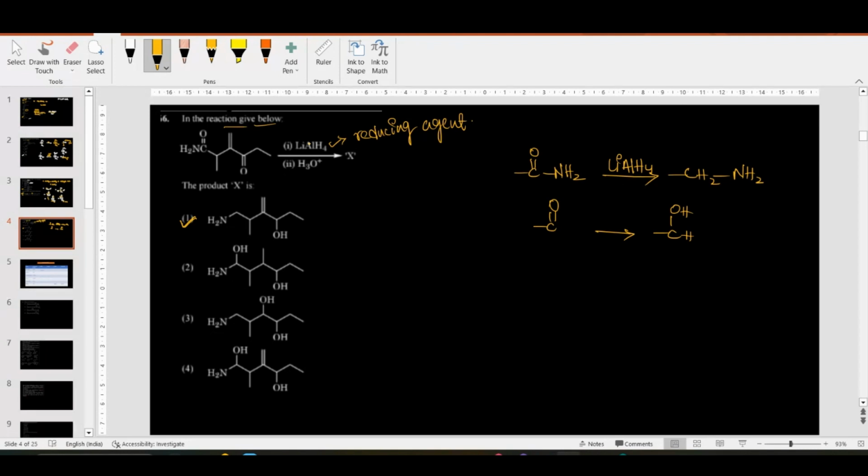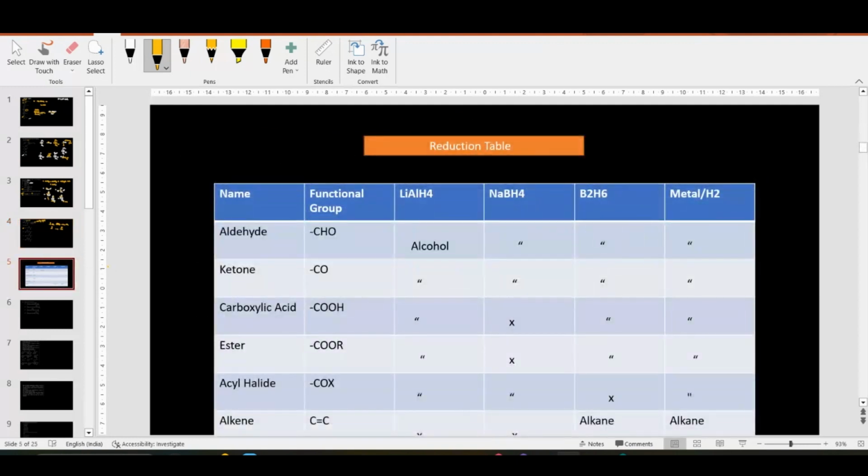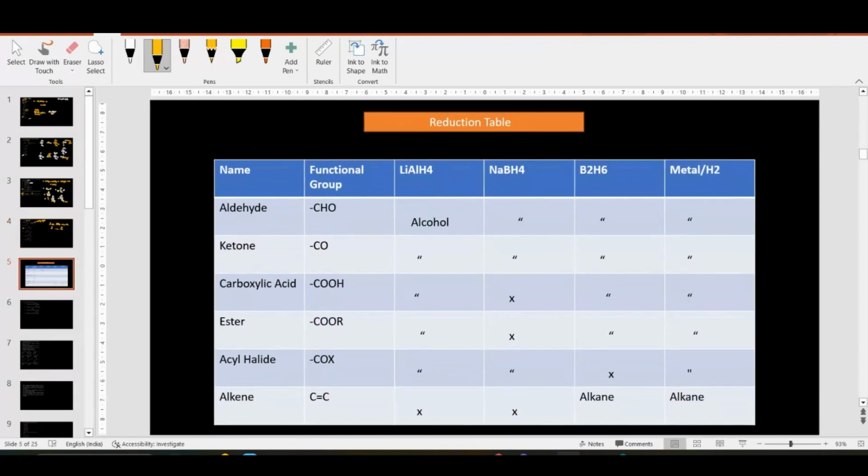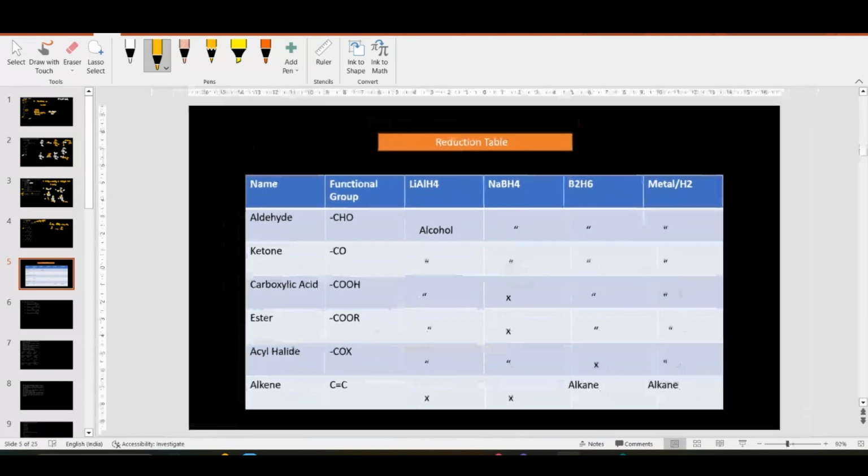It won't reduce this alkene, and it will reduce this ketone to secondary alcohol, and this is our correct option.